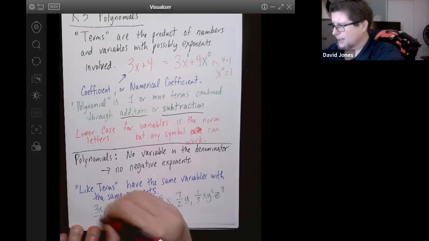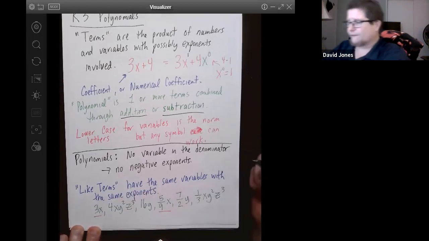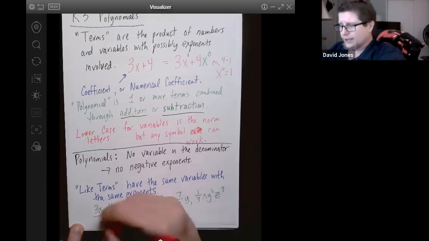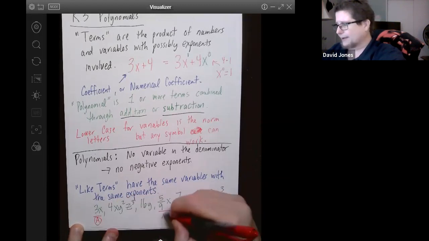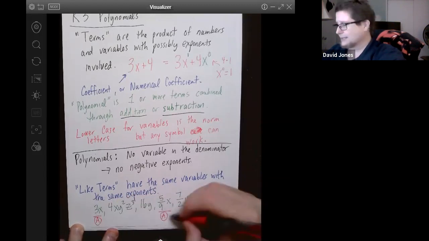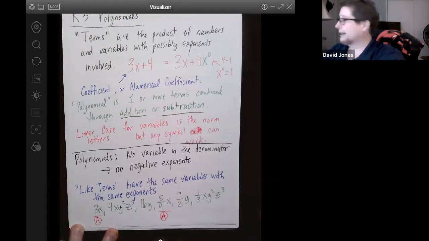Both 3x and 5/9 x have just an x to the first power. So these are similar. I'll put a capital A underneath them to show that they're related. But we normally don't have letters in them. It's just to show you that they're related.